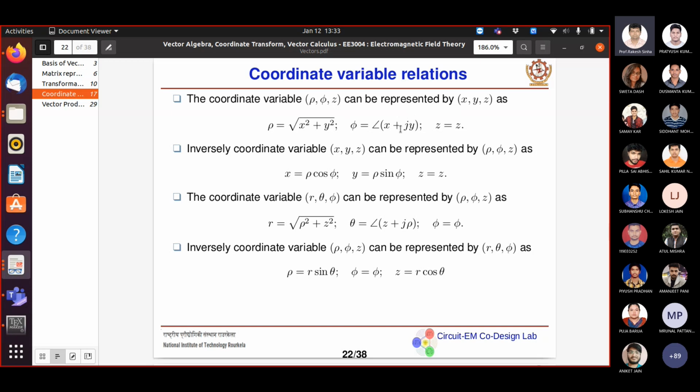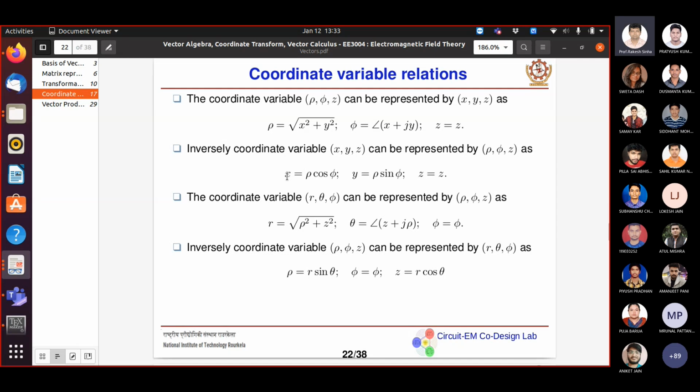Instead of writing tan inverse, which may lead to some confusion, we write it in terms of the complex angle. If you find the angle of this complex number, you can easily find phi.